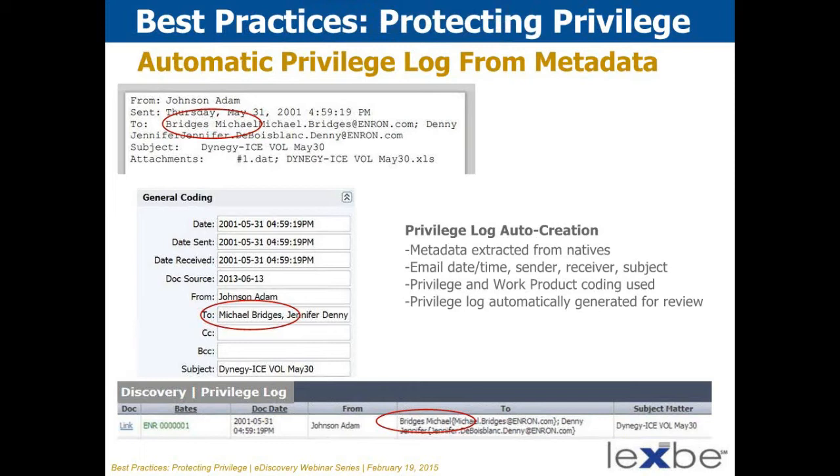That can go into a privilege log where a lot of the work's already been done, which is really critical for getting through these large cases. You can see an example here: the original emails and the names. The data has been extracted, and then you see at the bottom a copy of the privilege log that can be customized, downloaded, and worked on.